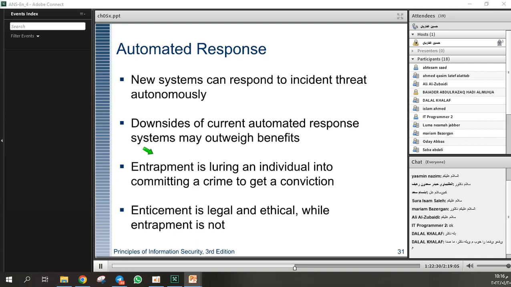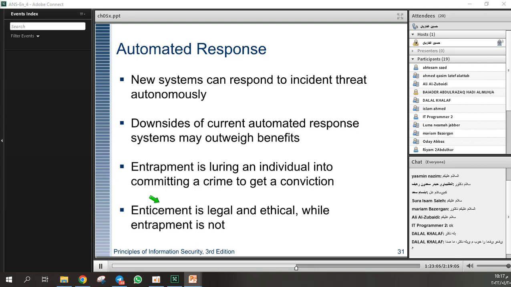So the police cannot arrest me just because I decided to do that. Entrapment is illegal. It's not ethical. But yes, you can use enticement. I know that he decided to rob something. Okay, I can wait for him. After he robs, I can arrest him. Yes, this one is legal and ethical.